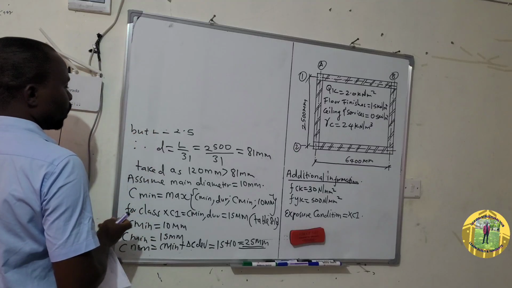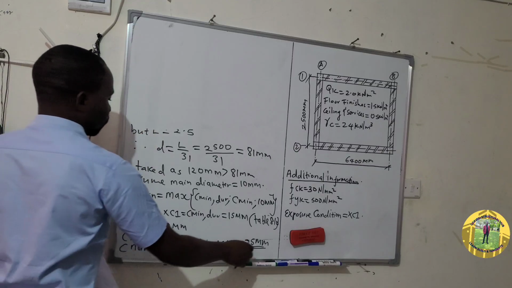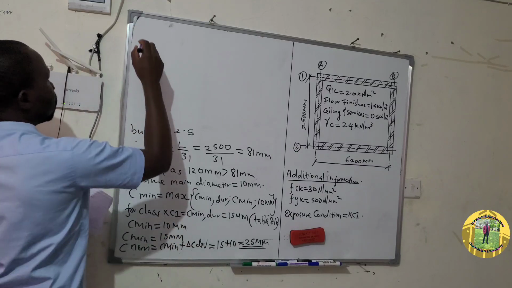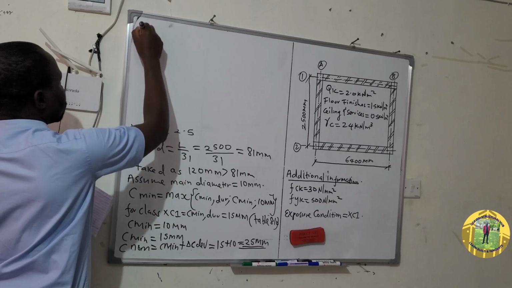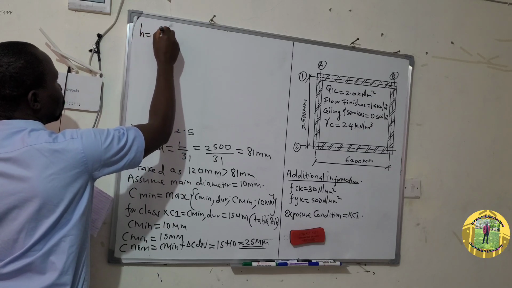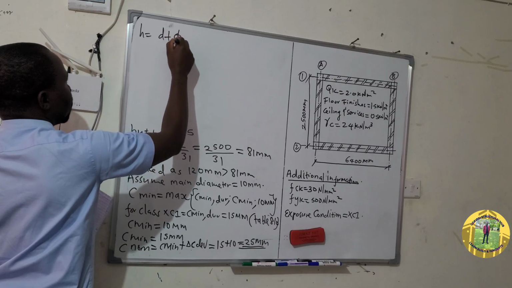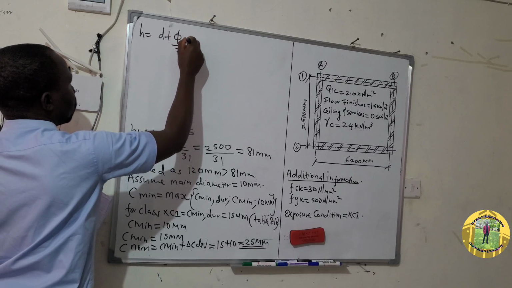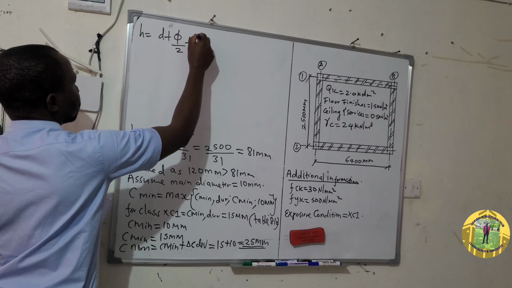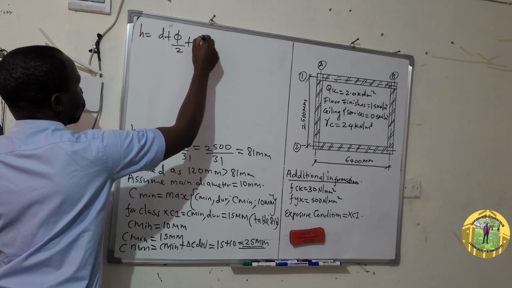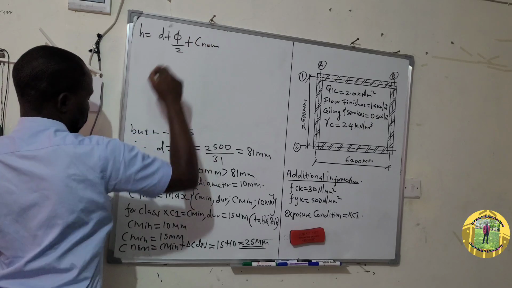Now let's calculate the H. So H is given by, this is the overall height or depth. So H is equal to D plus main bar diameter all over 2 plus cover or nominal cover.